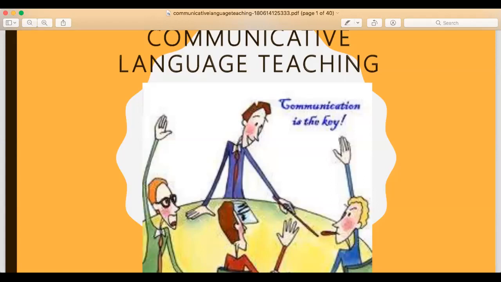So when we enter a class of immigrants who are learning English as a second language, the first thing that we observe is the teacher brings in a sports column. From there we come to know that the teacher brings in authentic material, right?